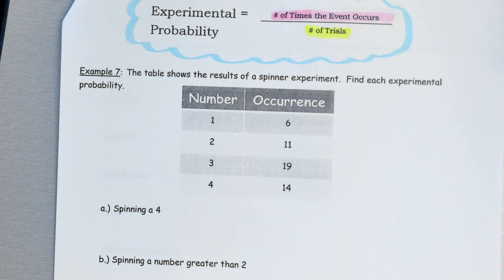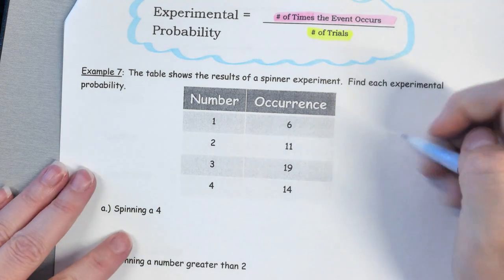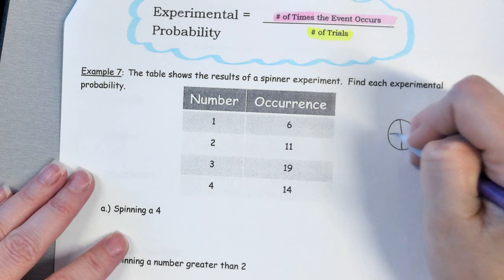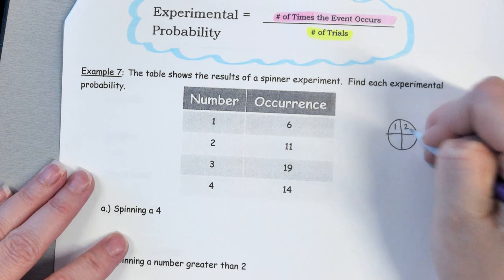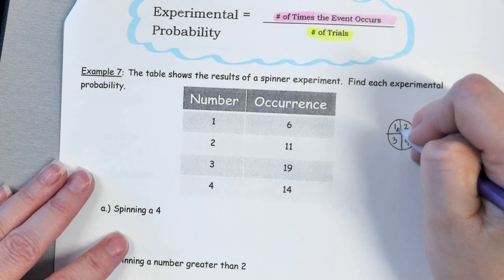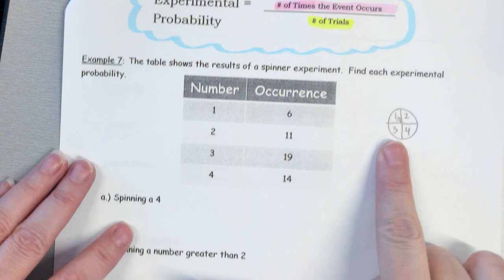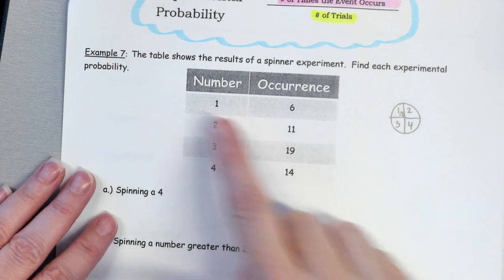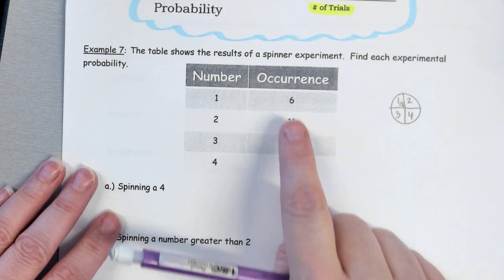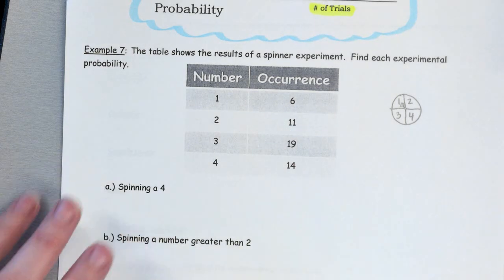In this example, the table is showing the results of a spinner experiment. Remember, your spinner would be something like this, where you have 1, 2, 3, and 4, and the little spinner. They performed an experiment with this spinner. This was based on numbers, and this is how many times it occurred.